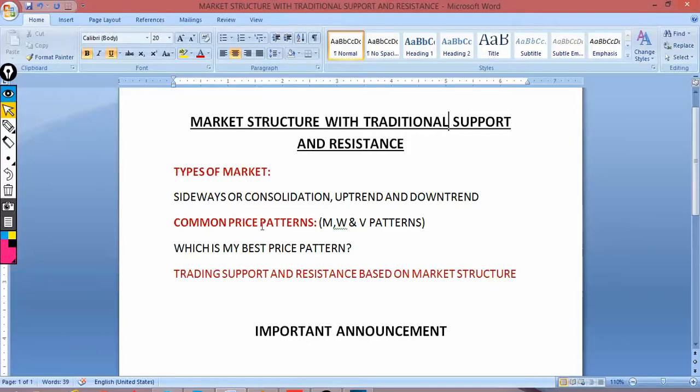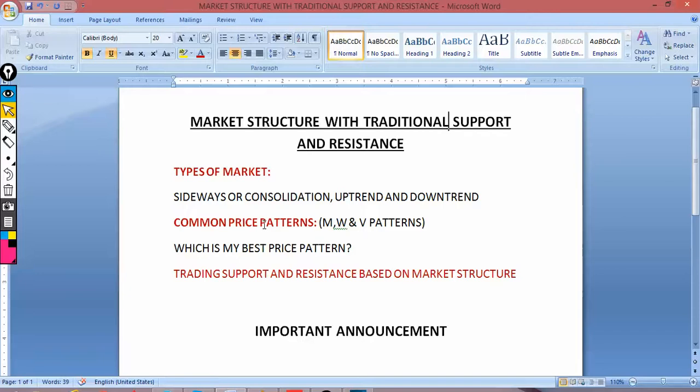Then we'll look at common price patterns. We have the M pattern, the W pattern, the V pattern. These are the common ones that I personally also like. I'll tell you the best price pattern I always look for to trade. Then we'll also look at trading support and resistance based on market structure.